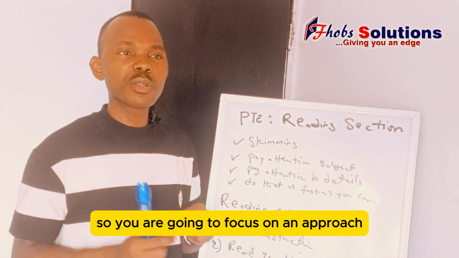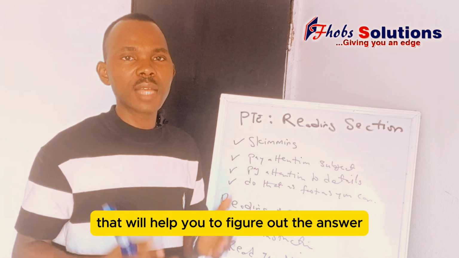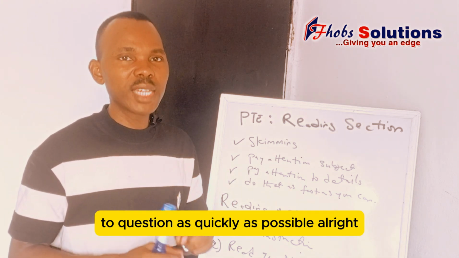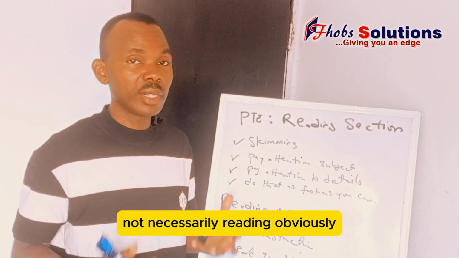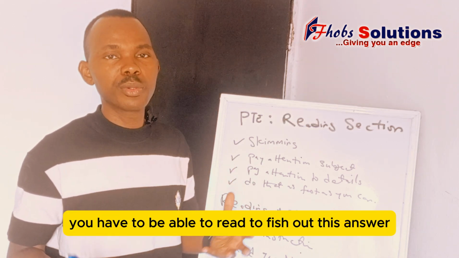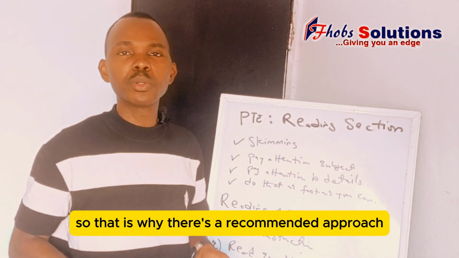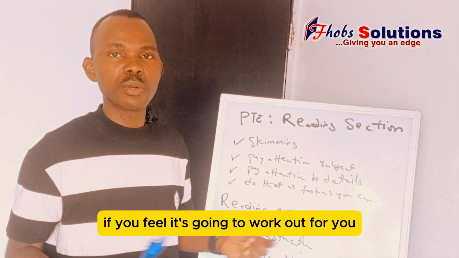So you are going to focus on an approach that will help you to figure out the answer to a question as quickly as possible. All right. So you are looking at a strategy that helps you to bring out that answer, not necessarily reading. Obviously, you have to be able to read to fish out this answer. So that is why there's a recommended approach I have for you. Okay, it is my recommendation if you feel it's going to work out for you.